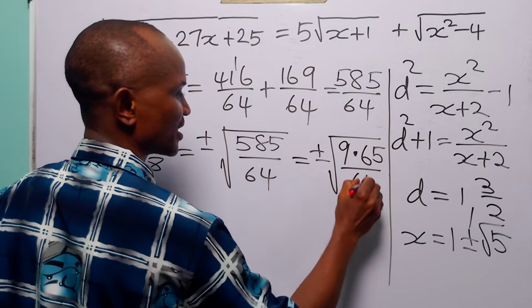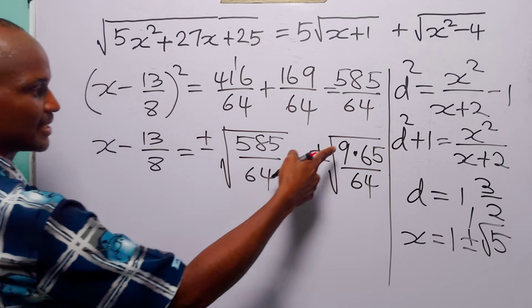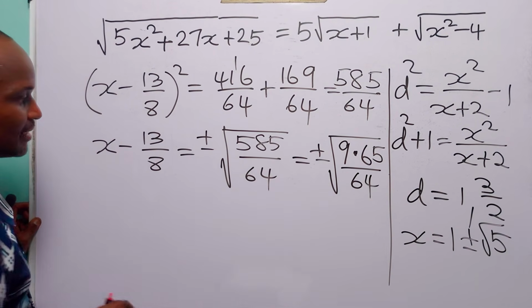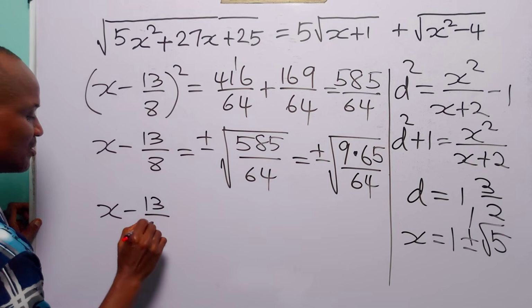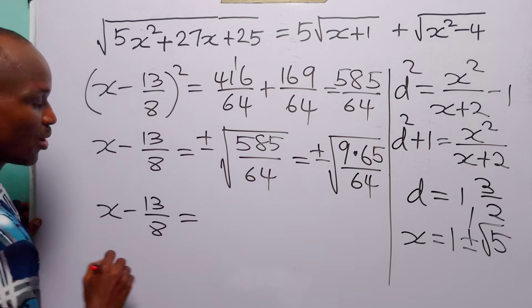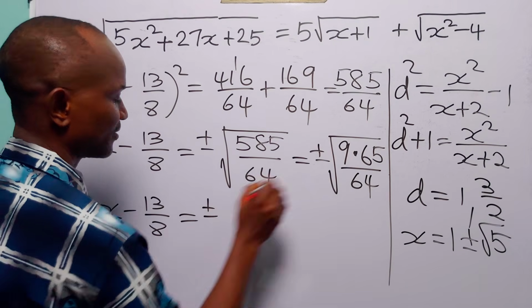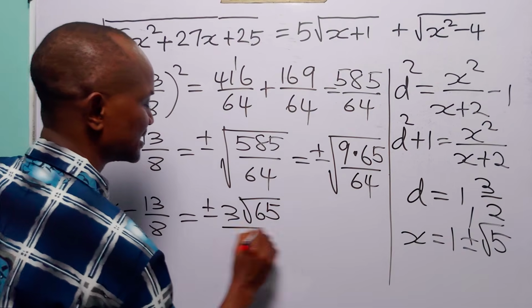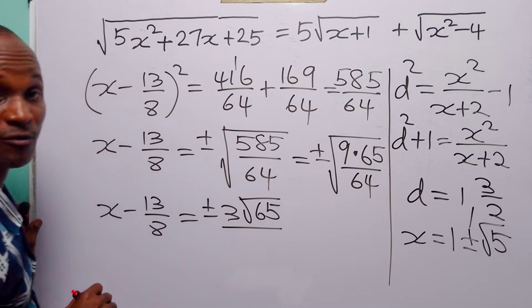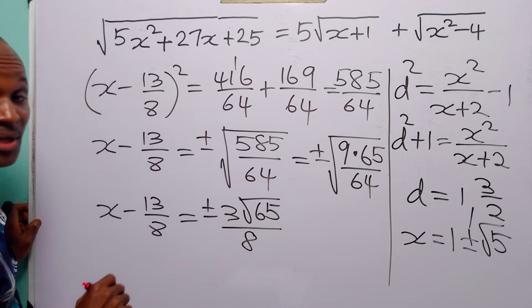Then we have over 64. The square root of 9 is 3. So we have that x minus 13 over 8 is equal to plus or minus 3 root 65 divided by the square root of 64, which is equal to 8.